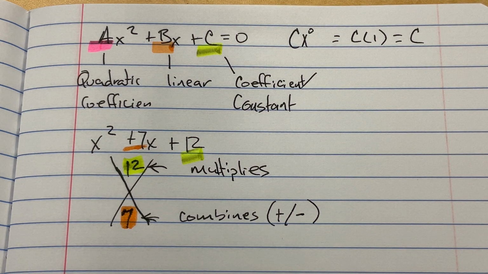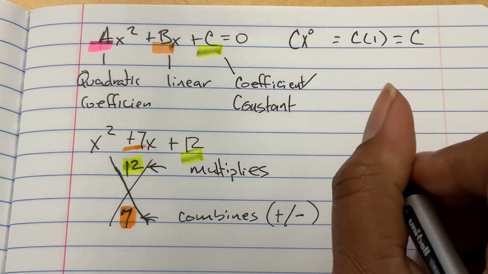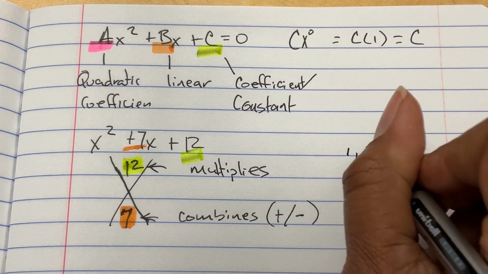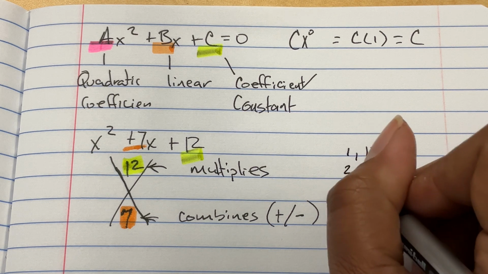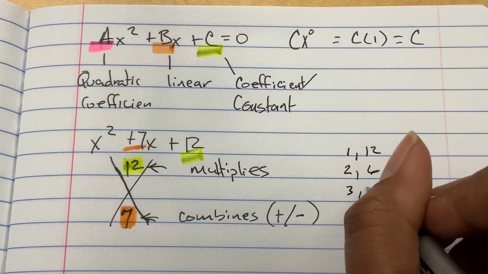What number multiplies to give you 12 but combines to give you positive 7? What are the factors of 12? Well, first we would say 1 and 12, then 2 and 6, and then 3 and 4.